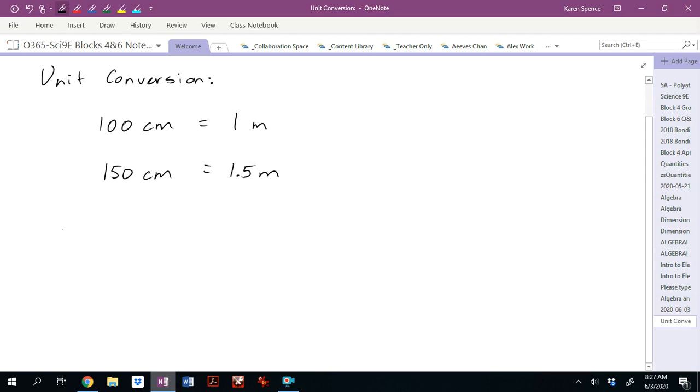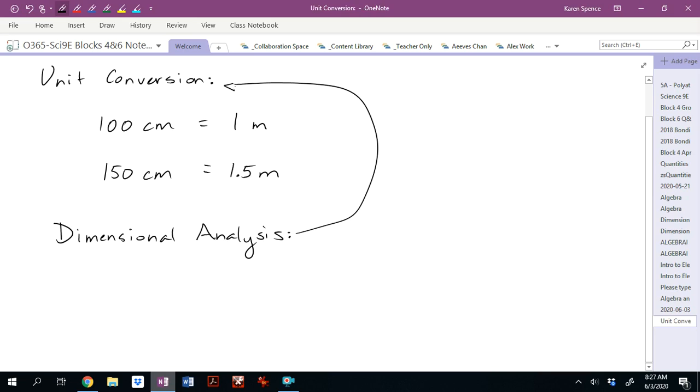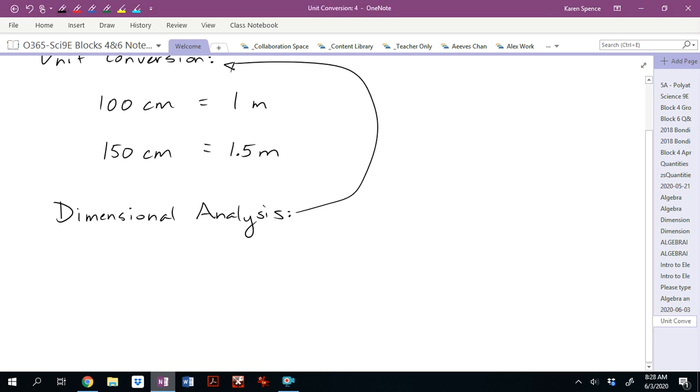So for example, this method that we're using is called dimensional analysis, which is just really a big fancy way of saying unit conversion. It is a special method of unit conversion.